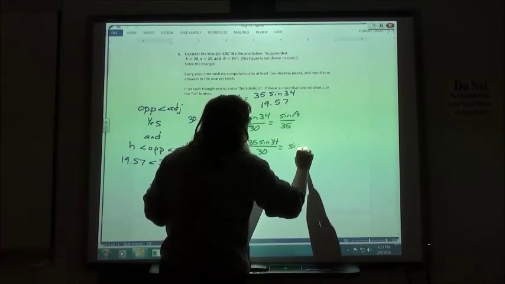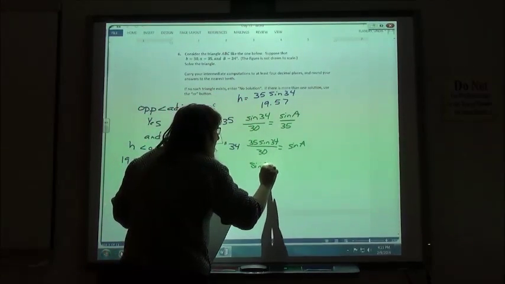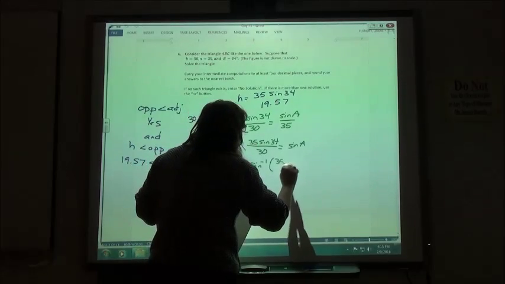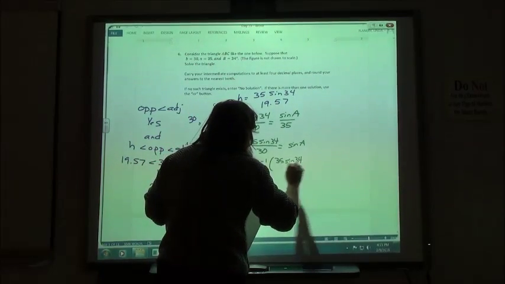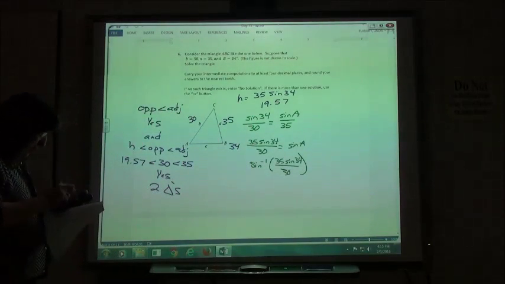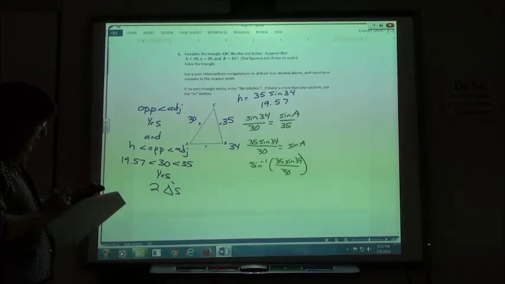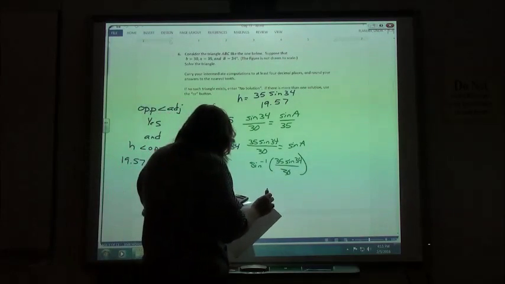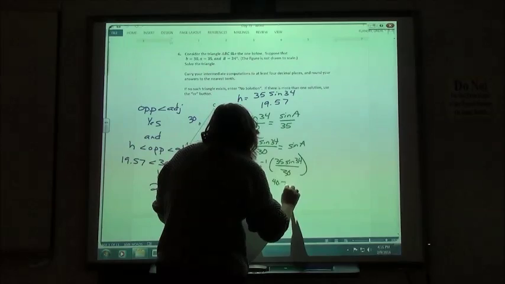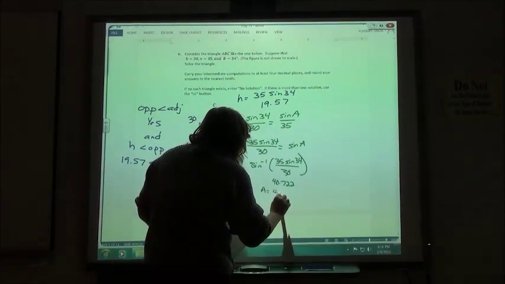That's equal to the sine of A. To figure that out, we have to do the inverse sine of 35 sine of 34 over 30. So, inverse sine, parentheses, 35 times the sine of 34 divided by 30, close my parentheses, gives me 40.722. Rounding that off, I would have 40.7.